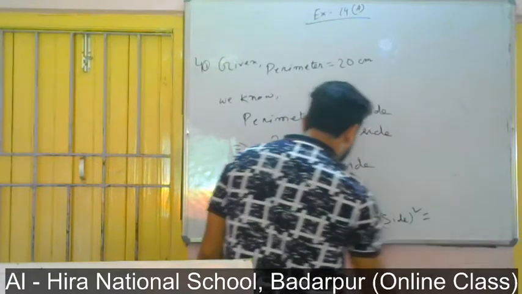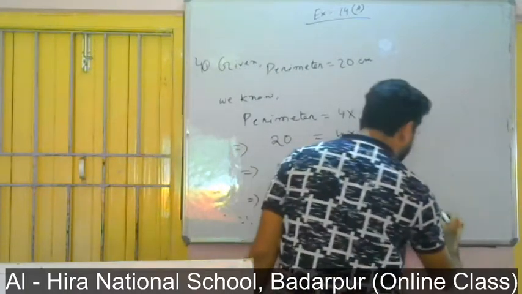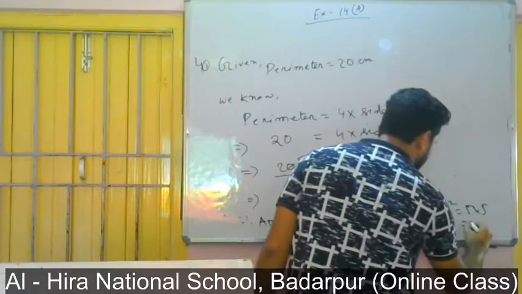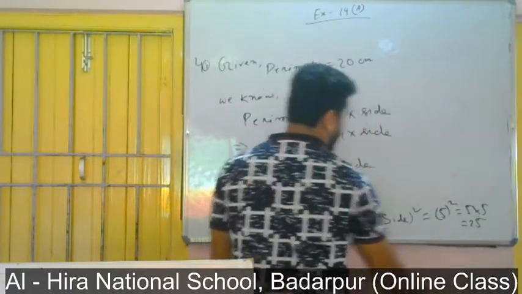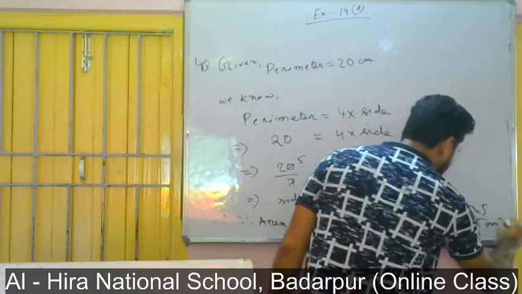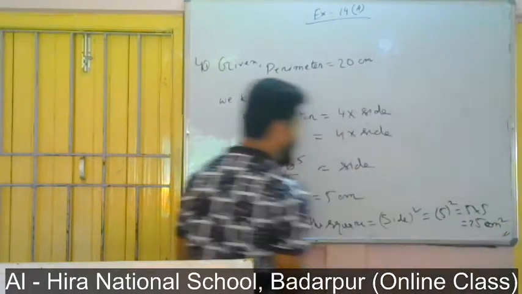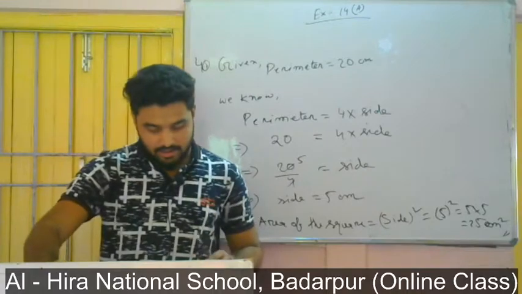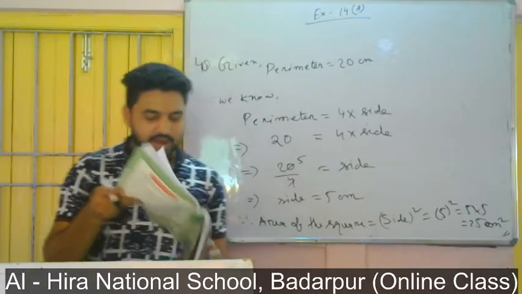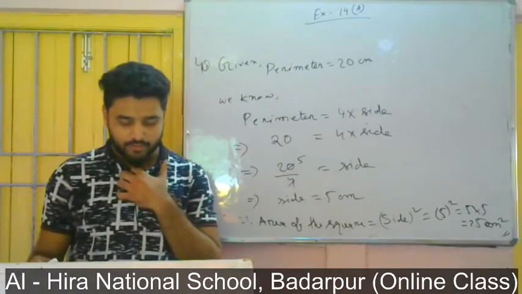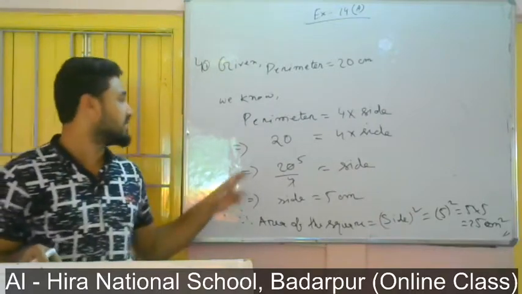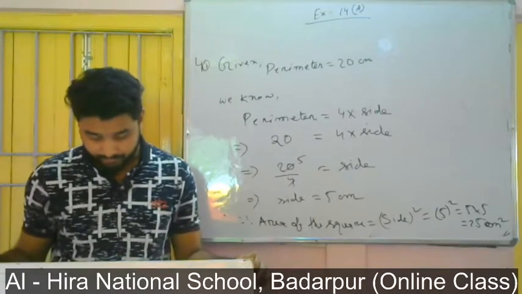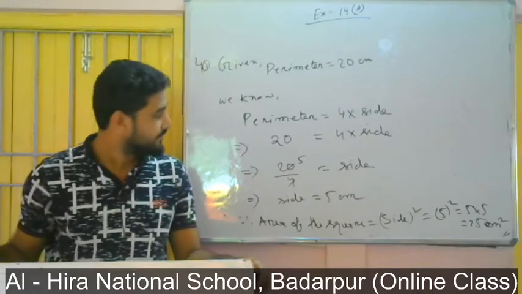That means 5 square. 5 square means 5 into 5. That means 25 centimeter square. That is the answer. 25 centimeter square is the required answer. Now come to question number 4.2. So this is the answer of question number 4.1: 25 centimeter square.